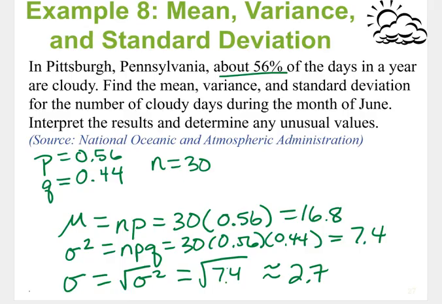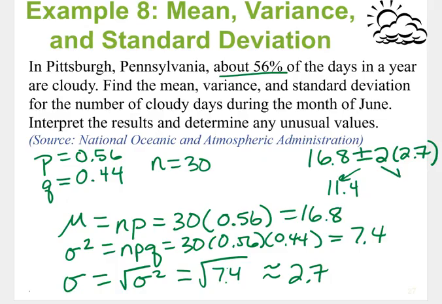So what is unusual? Remember, unusual is 2 standard deviations away from the mean. So you're going to take that mean and do plus or minus 2 standard deviations. On the low end, 16.8 minus 2 times 2.7 gives us 11.4. So anything less than 11 cloudy days would be unusual.